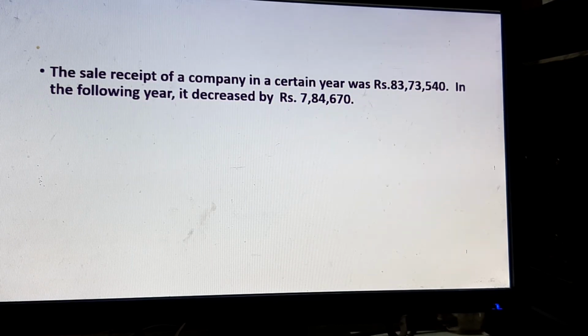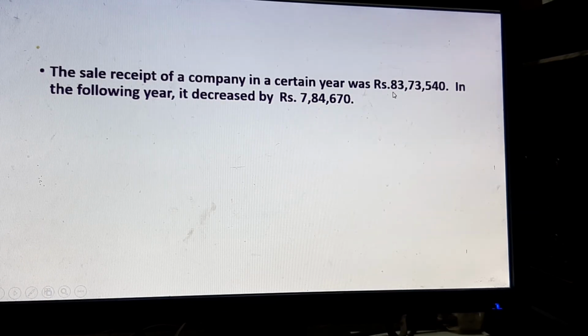Okay, this is also a homework sum. The sale receipt of a company in a certain year was rupees 83 lakhs 73,540. In the following year, it decreased by rupees 7,84,670. So his business was a little down the next year.